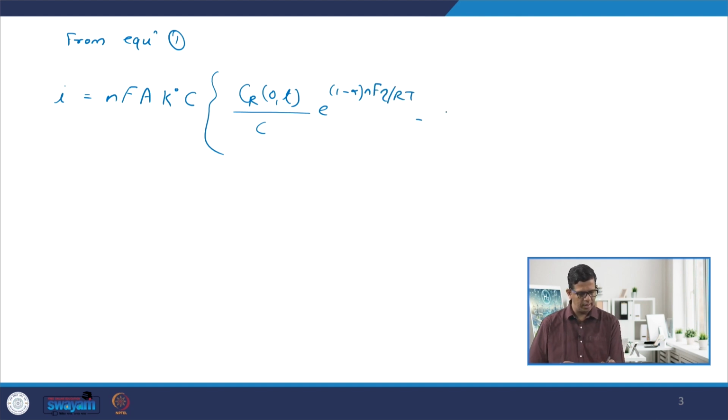We also have a second term for the oxidized species, e to the power minus alpha n F eta by RT.